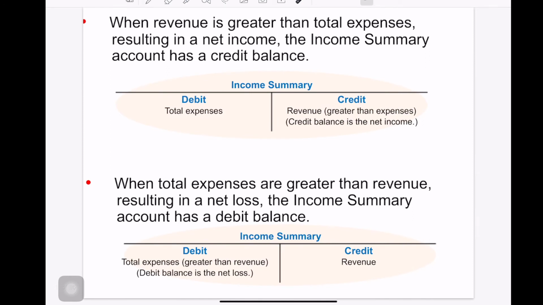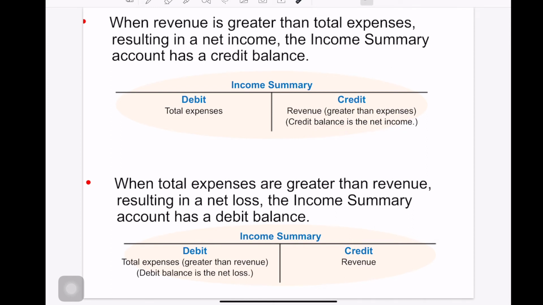If you look at this top part here, when revenue is greater than total expenses, resulting in a net income, the Income Summary account has a credit balance. So you'd have your total expenses, your total revenue. When your revenue is greater than your expenses, it would have a credit balance of a net income.